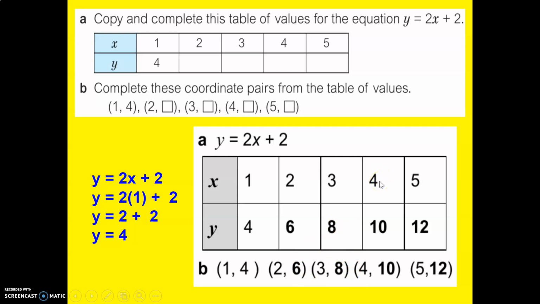When x is 4, y is 2 times 4 plus 2 is equal to 10. And there we have 4, 10. When x equals 5, we have 2 times 5, 10, plus 2 equals 12. So the last pair is 5, 12.